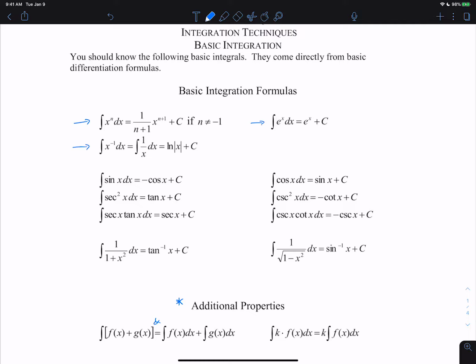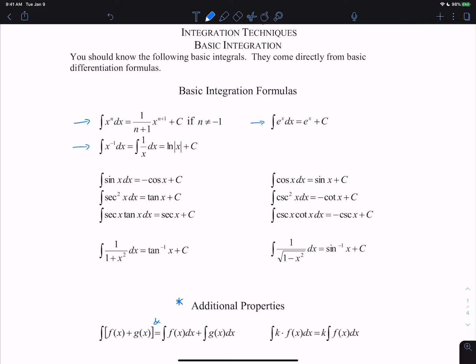That means you could split up addition. If you have several things added up in an integral, you can split it into several integrals. The second property, the constant multiple rule, says that if you have a constant k times f of x inside of an antiderivative, you can pull the constant out.